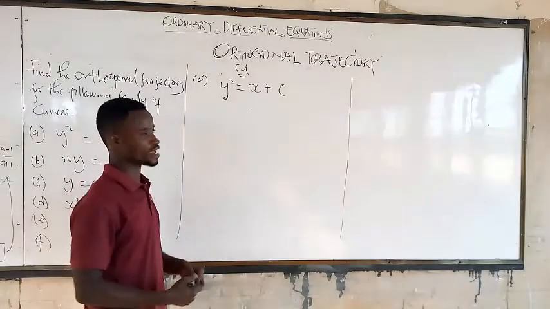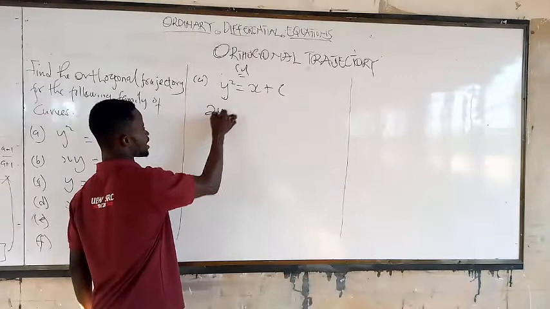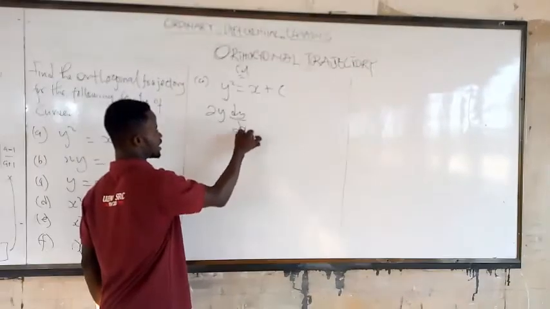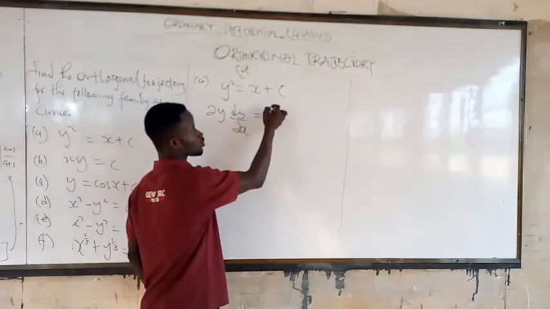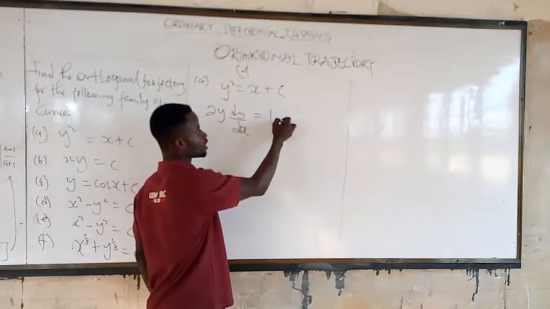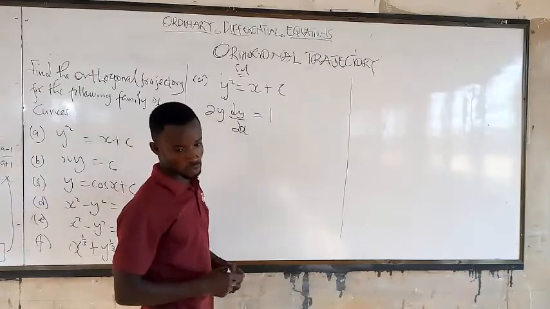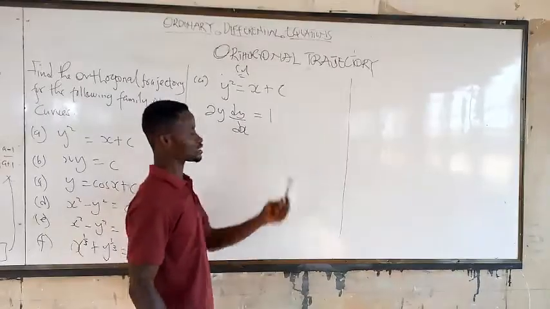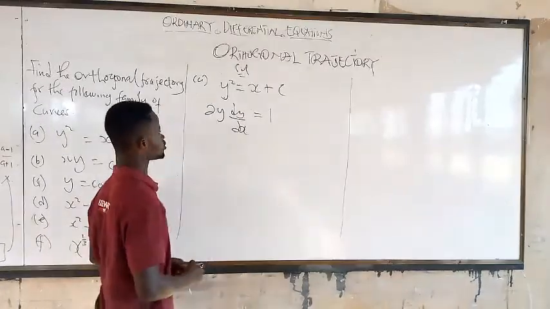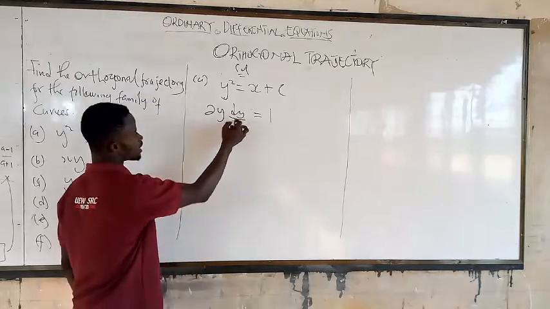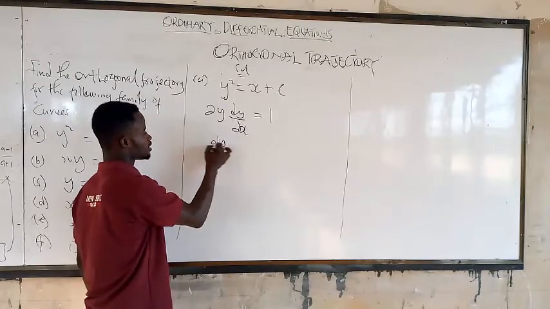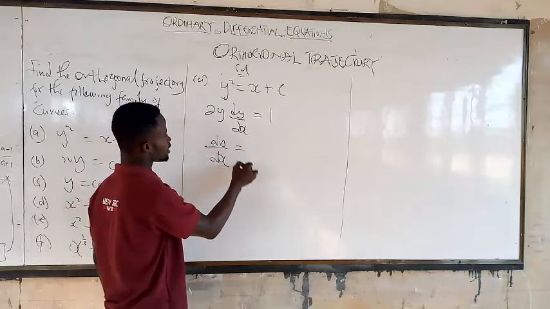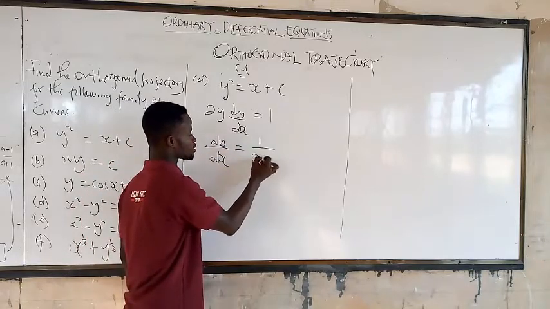With respect to x. So this is 2y dy/dx equal to, differentiate this, get 1. And whenever you differentiate a constant c, you get 0. Very good. So to get dy/dx, you make dy/dx the subject, and dy/dx is going to be equal to 1 over 2y.